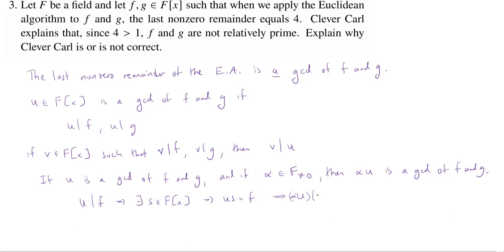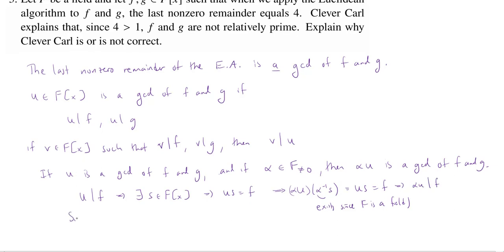Well, what if I just took alpha inverse, which exists since F is a field. So we have invertibility. And then I multiply by s. By commutativity, I can put the alpha and the alpha inverse together, and they're going to go away. This will just be us again, which is equal to f. So this implies that alpha u divides f. Similarly, alpha u divides g.